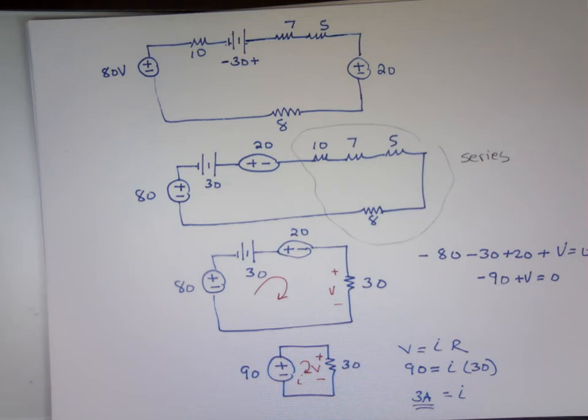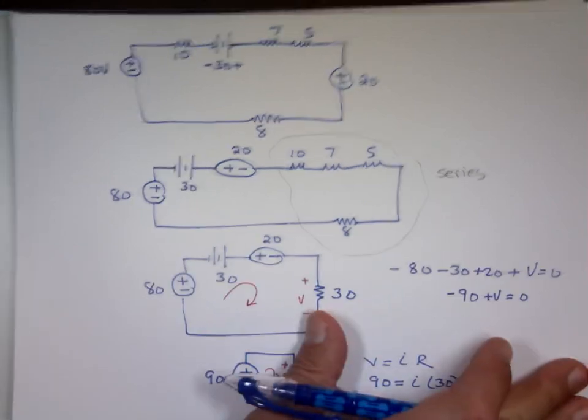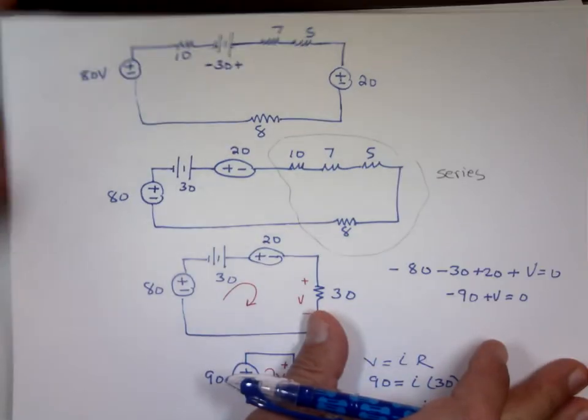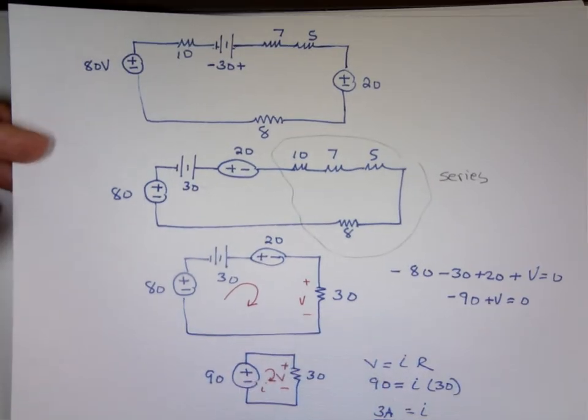Okay. How about combining resistors in parallel? Let's take a circuit, go through it, and combine the resistors in parallel and see what will happen. Derive an equation for that.